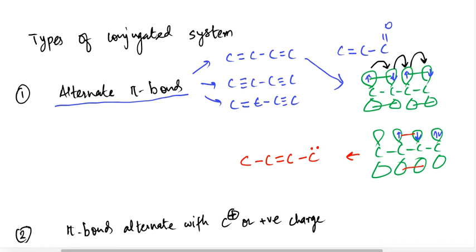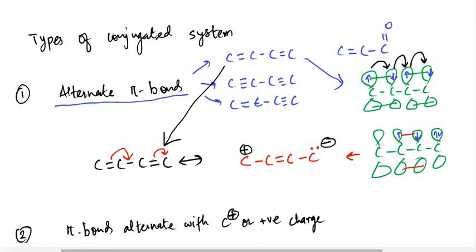Here you have vacant p orbital, so you can say that it is a carbocation, and here it has lone pair, so it will be an anion. So basically what you have done is converted this structure into this if you move electron. Okay, so you can show this movement like this.